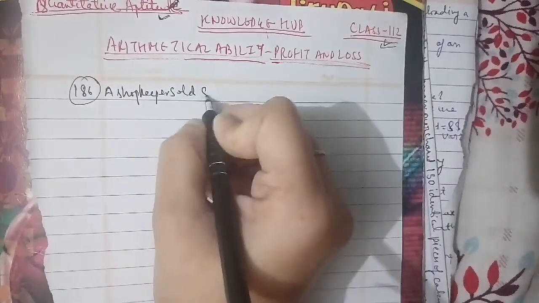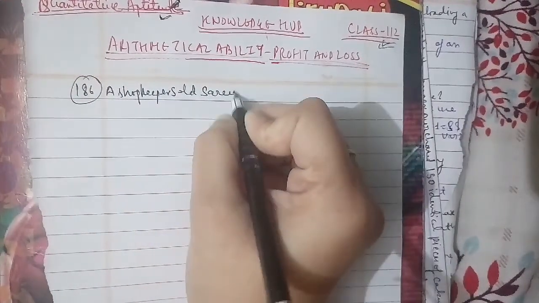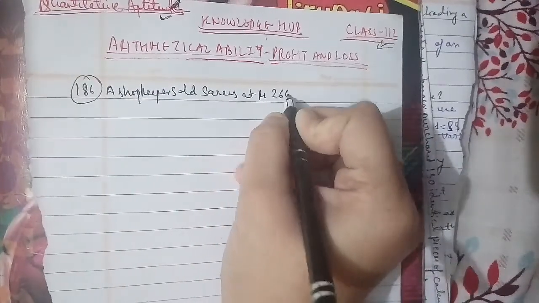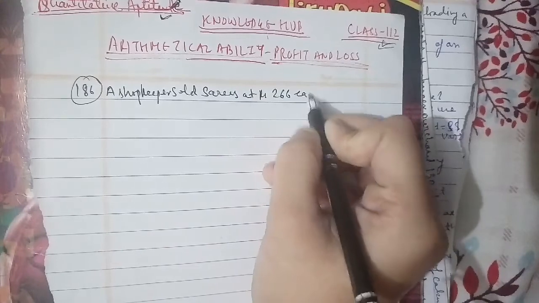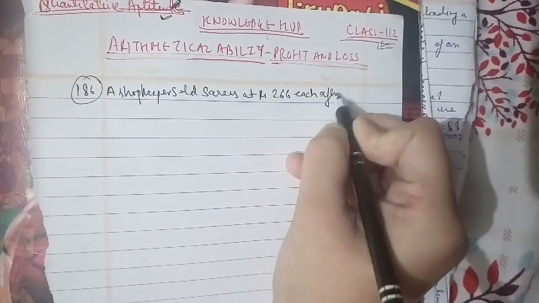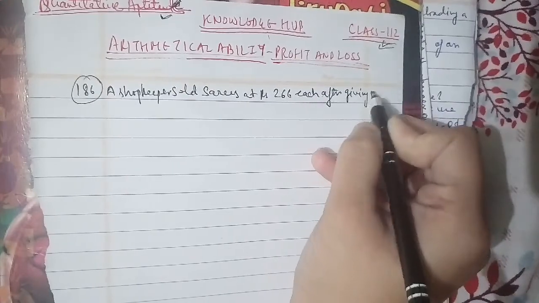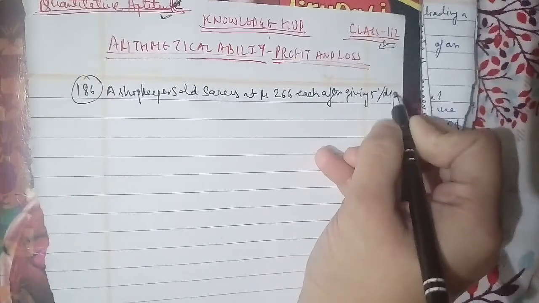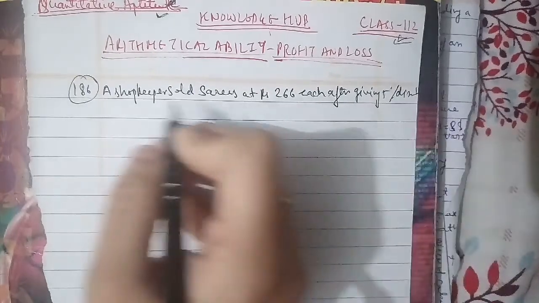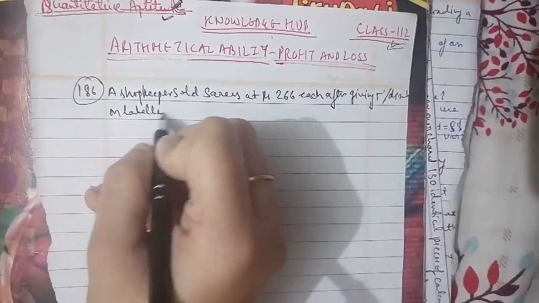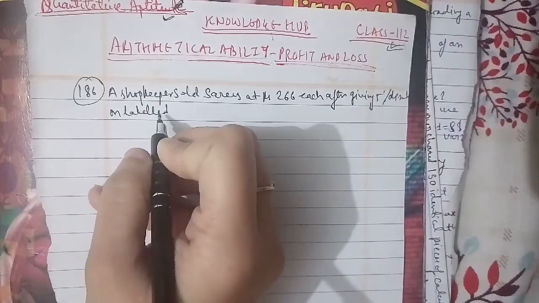A shopkeeper sold sarees at rupees 266 each after giving 5% discount on labeled price.